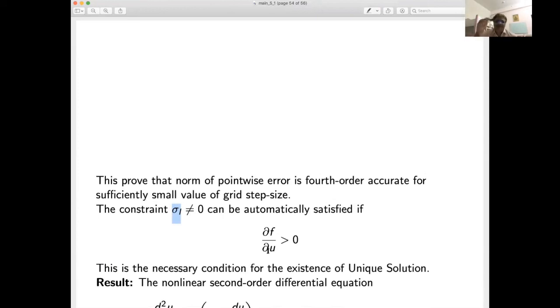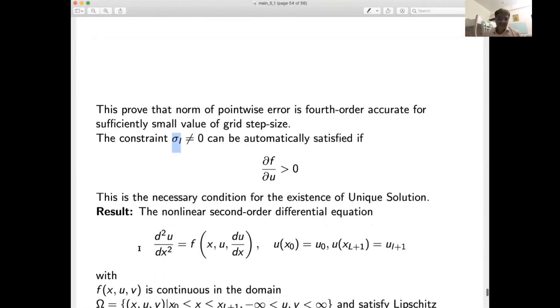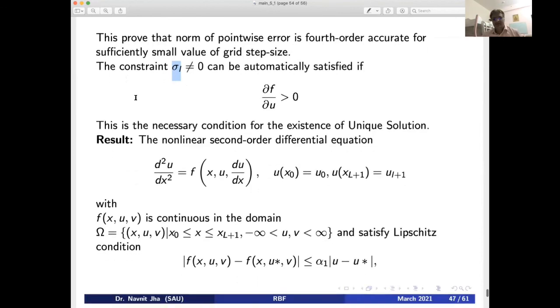Now the question is, why have I taken del f by del u greater than 0? Now, come to the existence and uniqueness result for the second order nonlinear equation, the basic theory we have all learned at master's level.